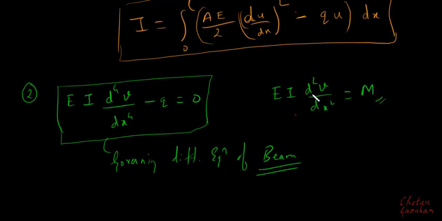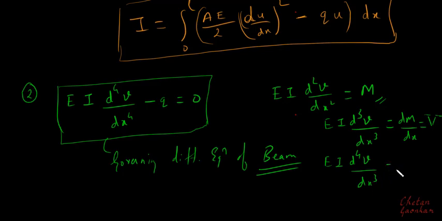If I differentiate this once, I get EI d cube v by dx cube, which is equal to dM by dx, which is nothing but shear force. If I differentiate the moment once with respect to x, I get shear force. Then if I differentiate one more time, I get dV by dx, which is nothing but q, the uniformly distributed load.